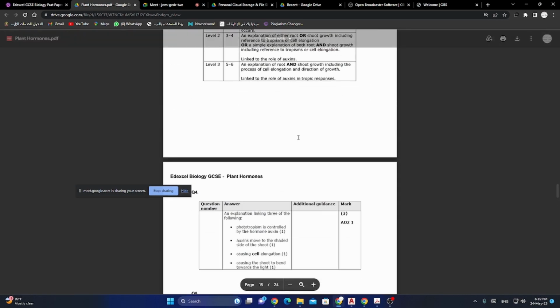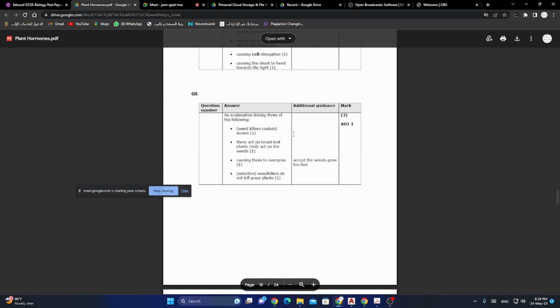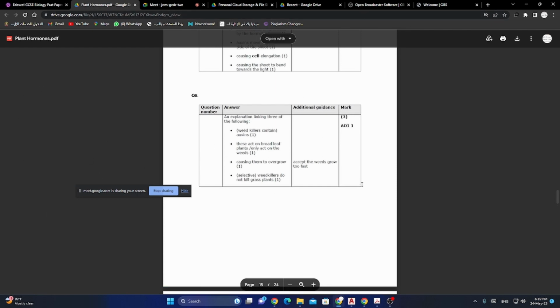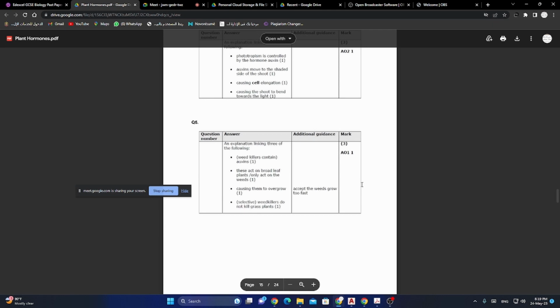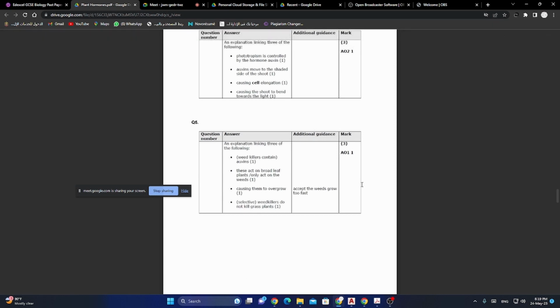Okay, just give me a second. So auxins act on broadleaf weeds only, causing them to overgrow, and weed killers do not kill grass plants. Okay, so the type of plant, I didn't mention that before, it only acts on broadleaf plants.